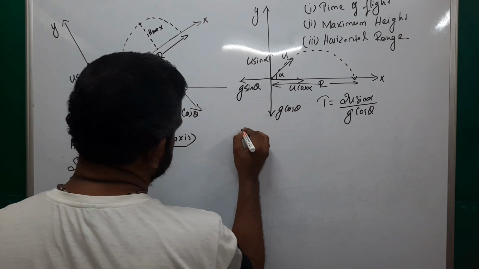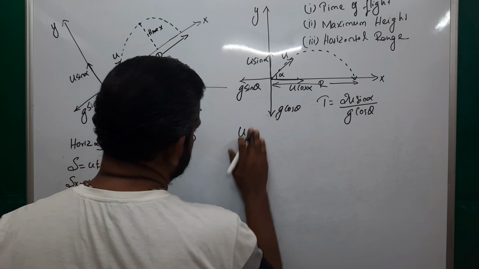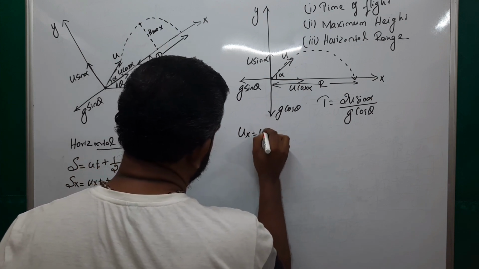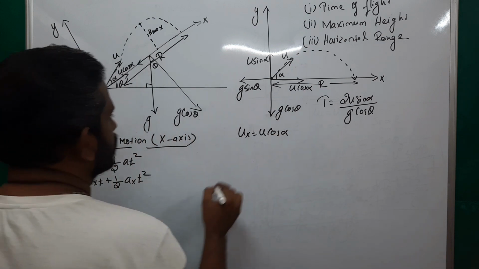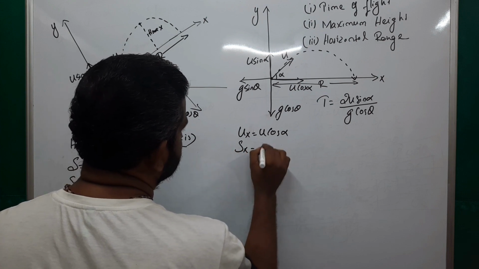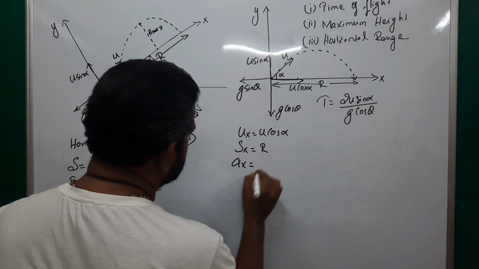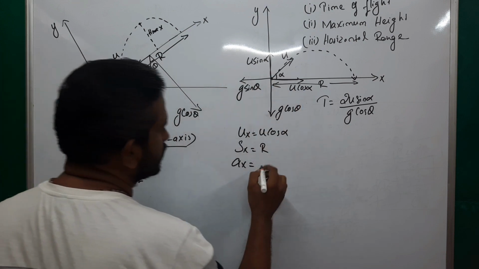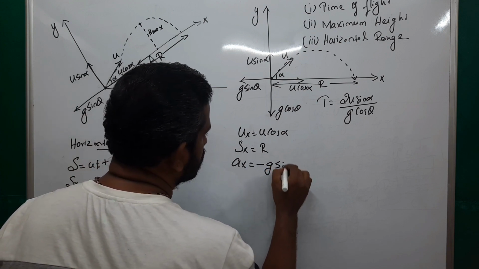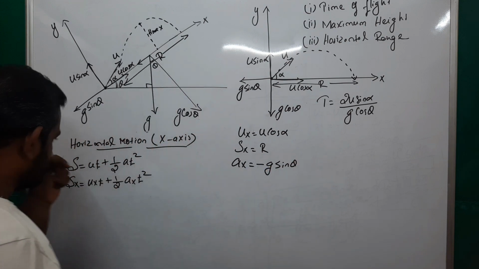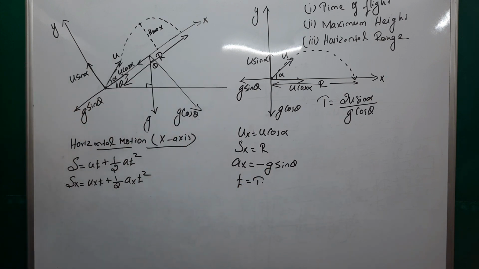So ux equal to u cos alpha. Sx is our range. ax is the acceleration in the horizontal direction, g sin theta, so in the negative x-axis, minus g sin theta. t is equal to time of flight.